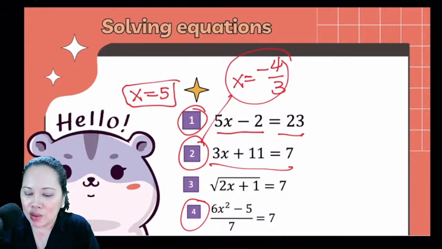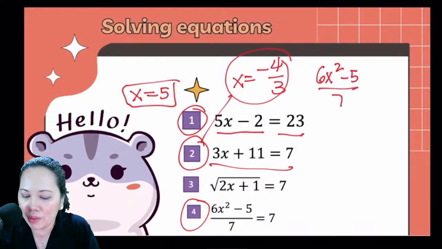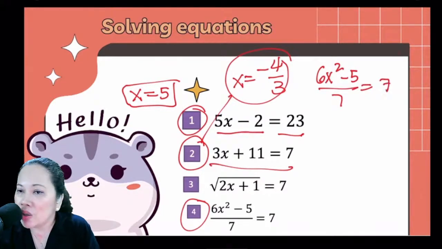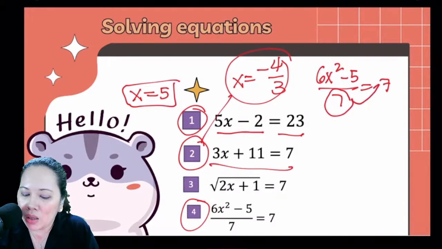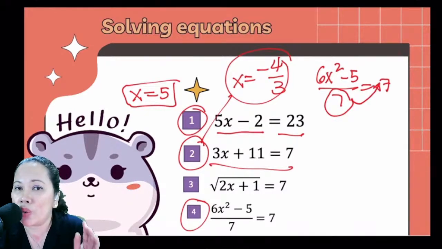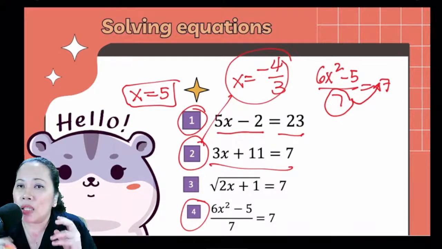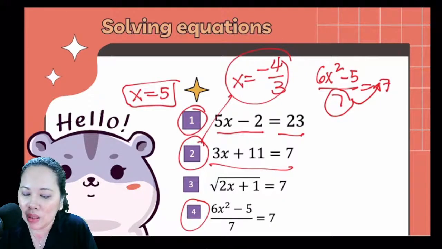Okay? So this will be 6x squared minus 5 over 7 equals 7. You just need to cross multiply it. So this one will be going up. That is what we call cross multiplication property. So you just need to multiply it over. Okay? So that will be 6.